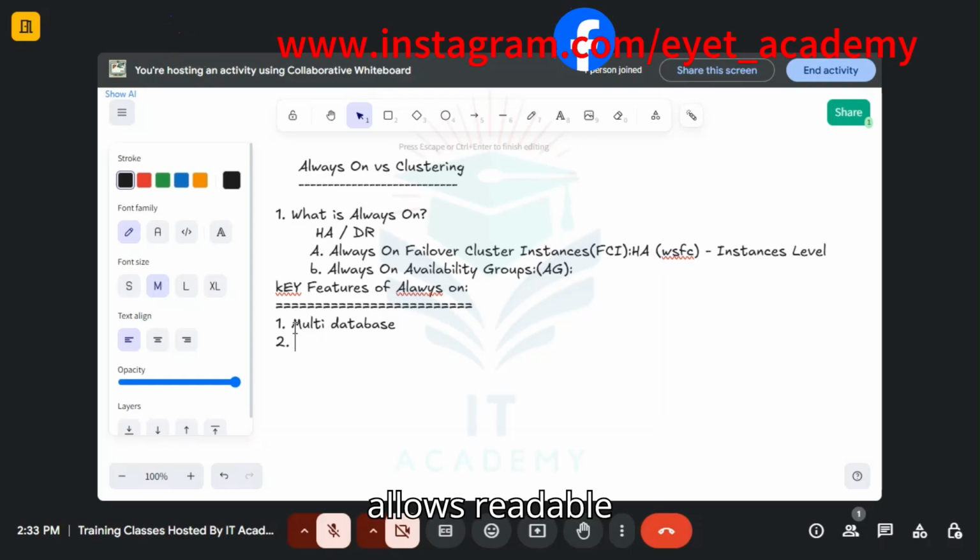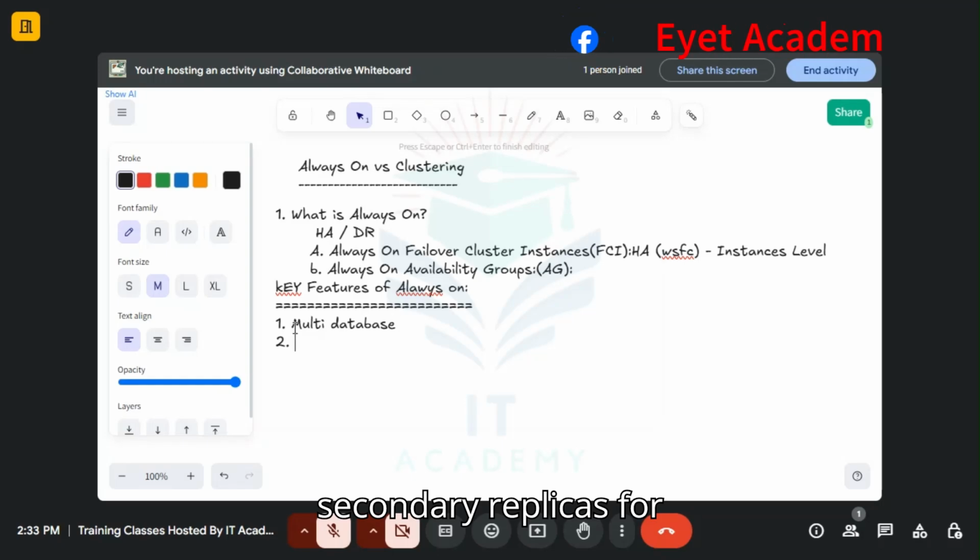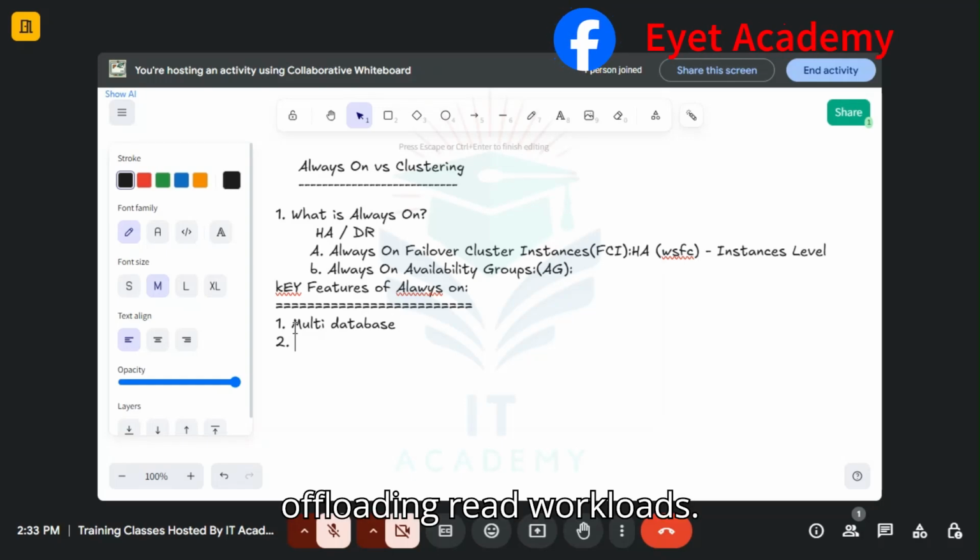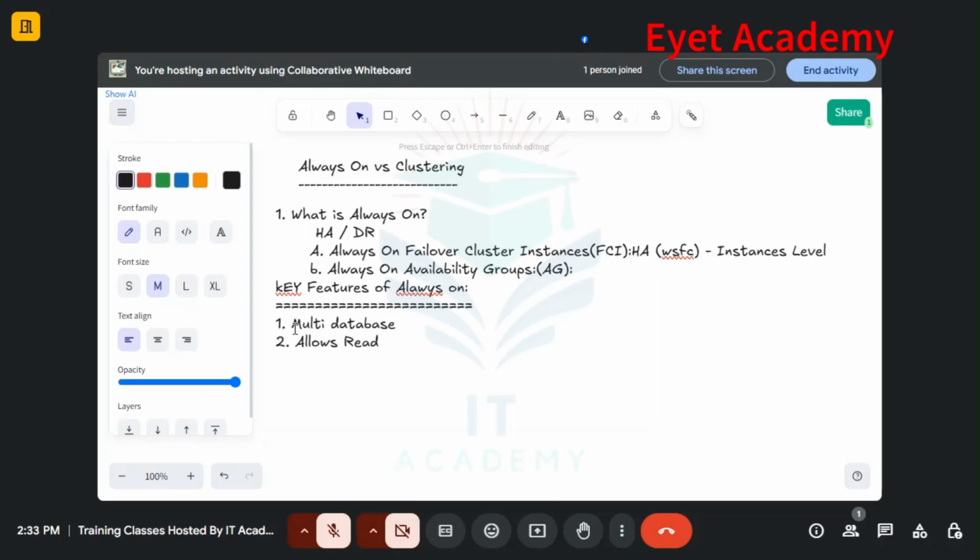Second point, it allows readable secondary replicas for offloading read workloads.